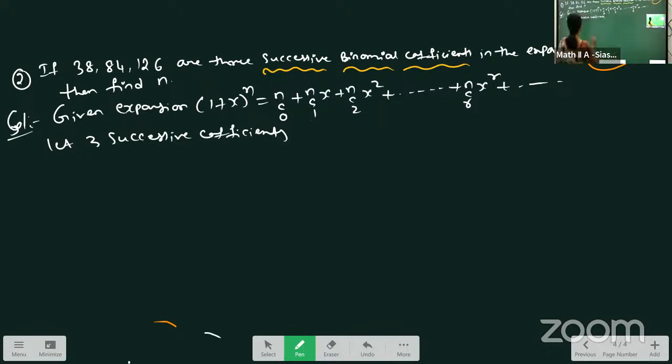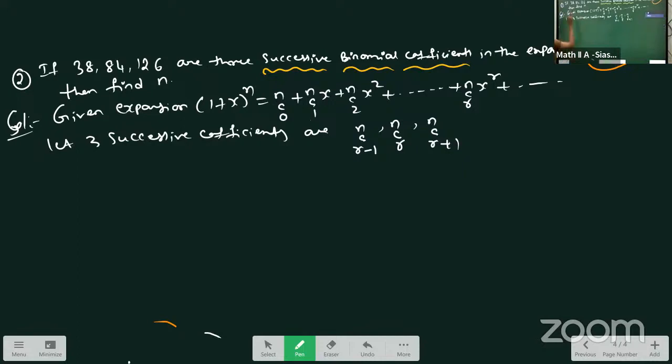In the same way, three successive coefficients are: keep NCr in the middle, take one term on the right and one term on the left. It will be NC(r minus 1) and NC(r plus 1). So these are the three successive coefficients.